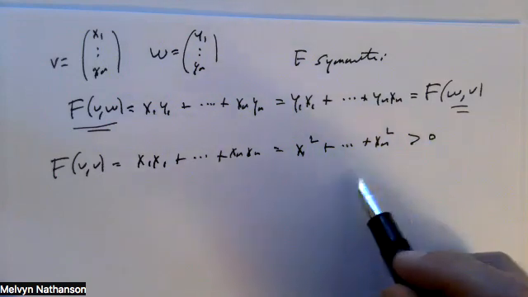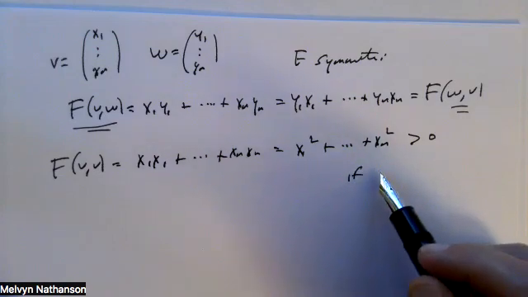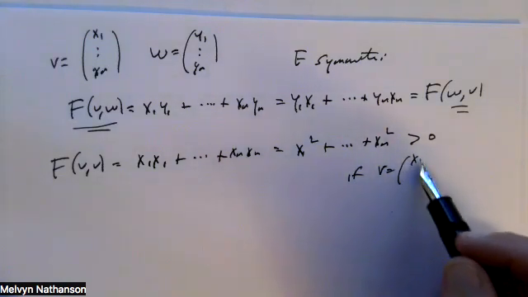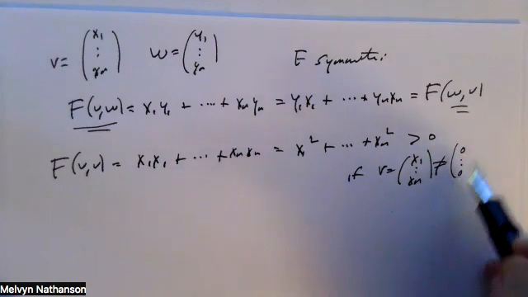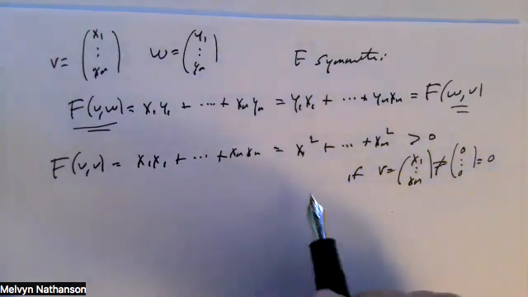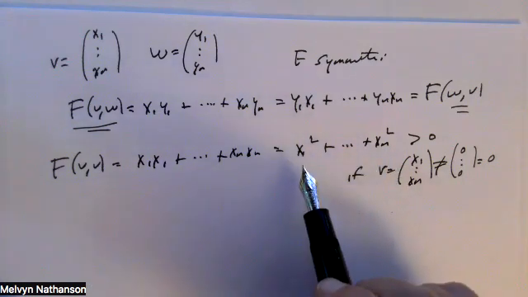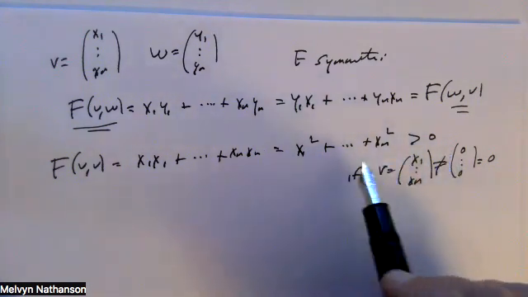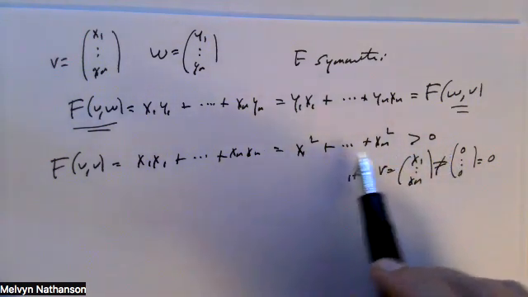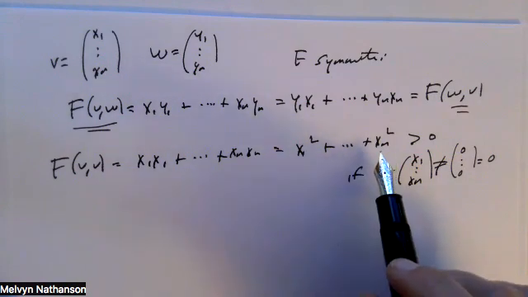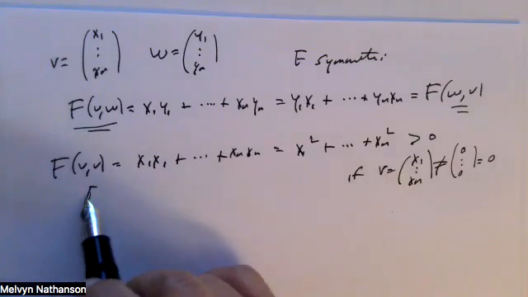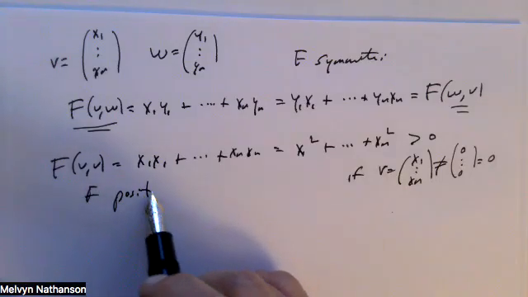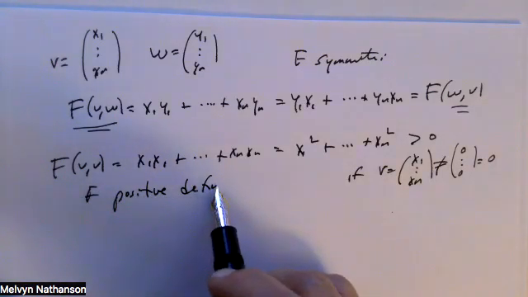This is going to be positive so long as v is not all, the coordinates are not all 0. Right? If you have the 0 vector, it's just 0 plus 0 plus 0. But for any non-zero vector, one of these coordinates will be strictly positive, the rest are non-negative, so the sum is strictly positive. So f is positive definite.